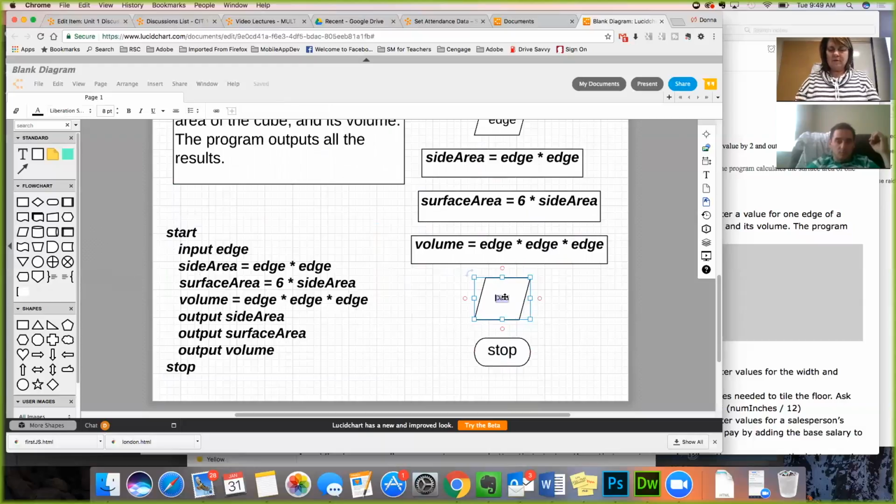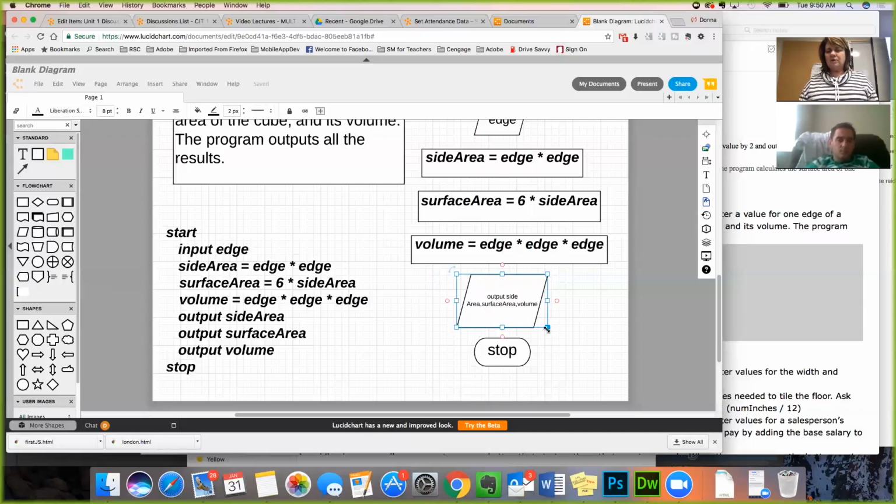So here I'm going to just say output side area. I'm going to do it with one shape, surface area, comma, volume.